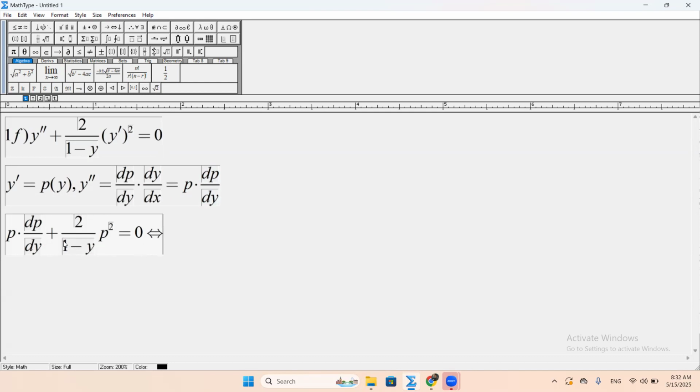First of all, we will reduce the power of p here. And after that, let's move everything to this part.